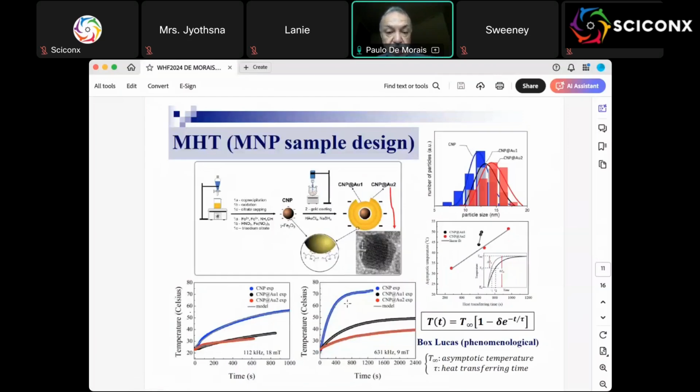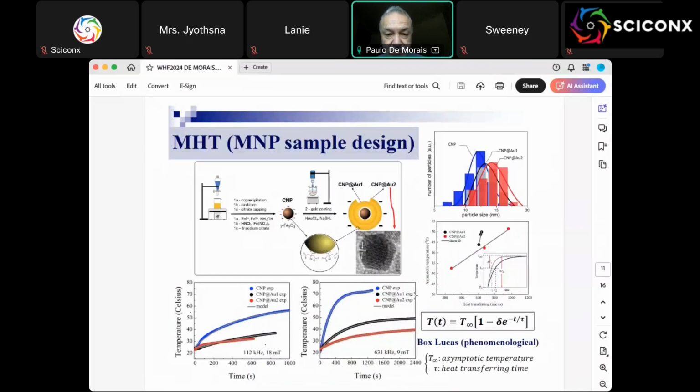However, if you take the same samples and change the AC frequency from 112 to 631 kilohertz and lower the amplitude of the AC field by half, from 18 millitesla to 9 millitesla, and then check the response, the uncoated maghemite nanoparticles go higher in asymptotic temperature, higher than 70 C, which is not desirable.